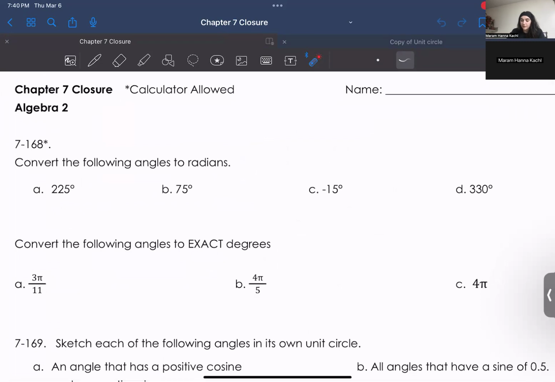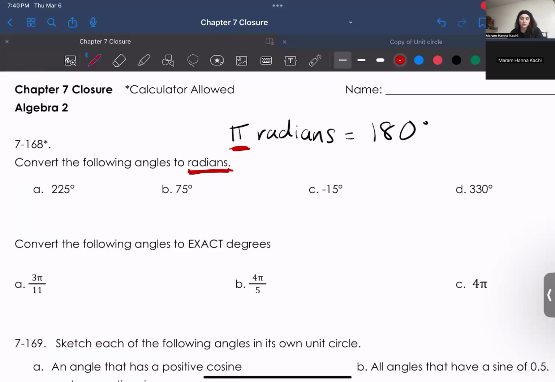When I want to convert from radians to degrees or vice versa, in this case, angles to radians, on your assessment resource page, you're going to have that information that pi radians is equal to 180 degrees. Now, that's not that helpful unless you know which one goes on top of that fraction when you multiply. So since I want to make this into a radian, I'm going to want my radian to be on top when I multiply.